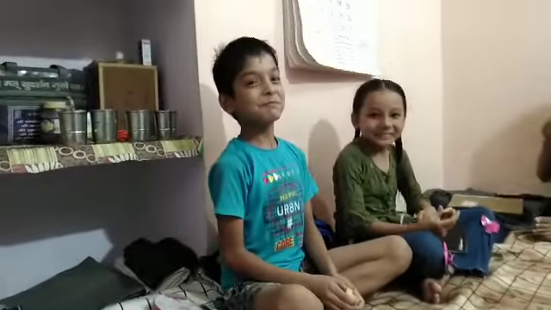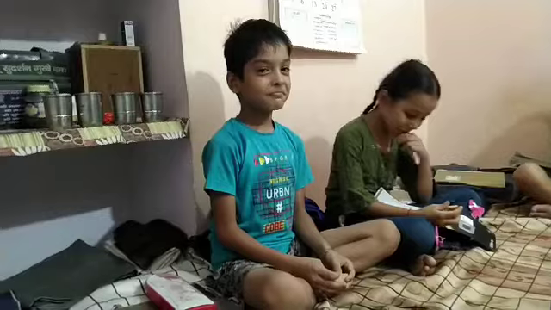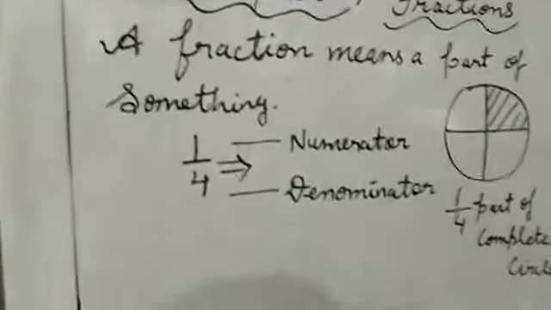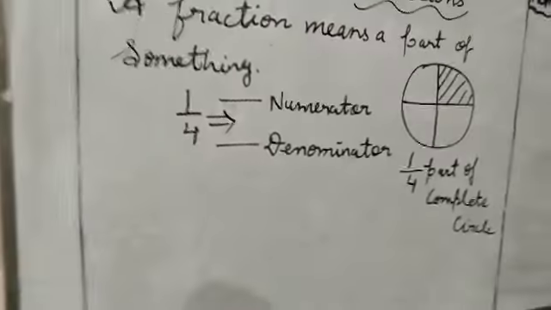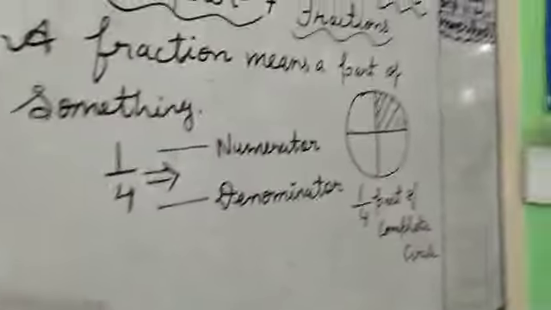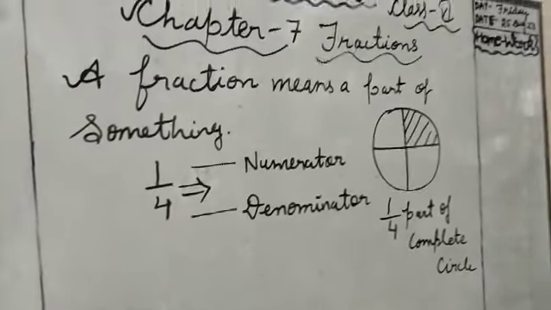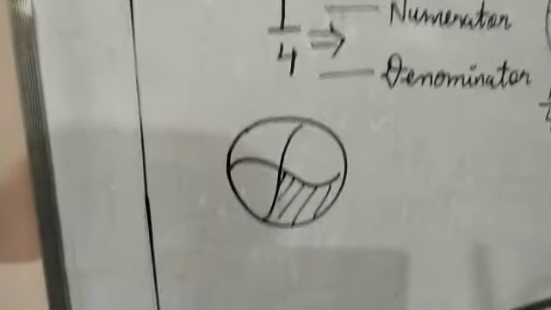See this boy. He needs more fractions of apple, so here he is eating 3 apples. Now I am writing here some fractions and I will ask you what is numerator, denominator and how many parts. This is one shape I have drawn here.